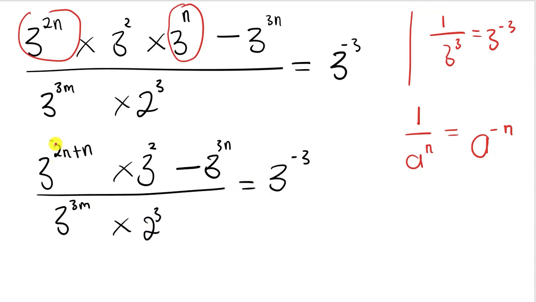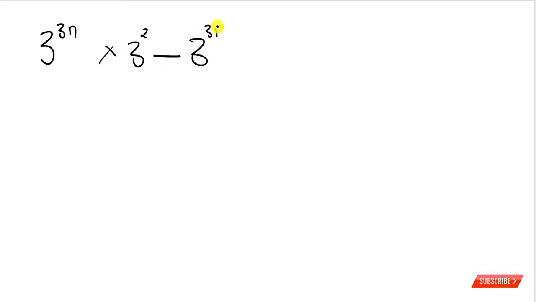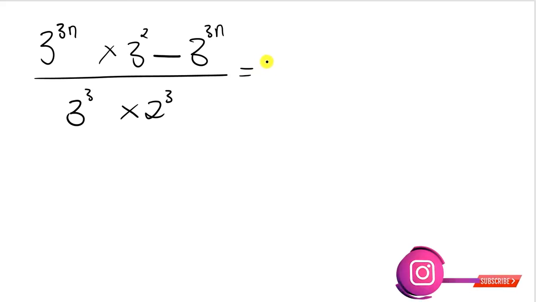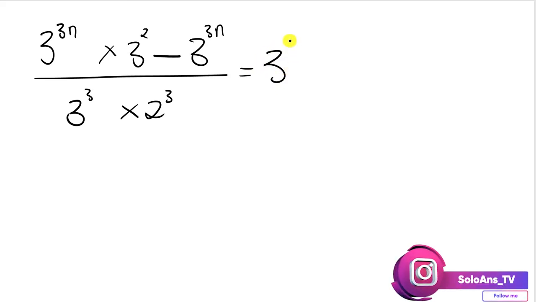We add 2n and n, so we have 3 exponent 3n times 3 exponent 2 minus 3 exponent 3n, all over 3 exponent 3m times 2 exponent 3, equal to 3 exponent negative 3.